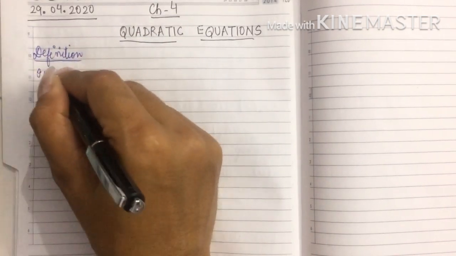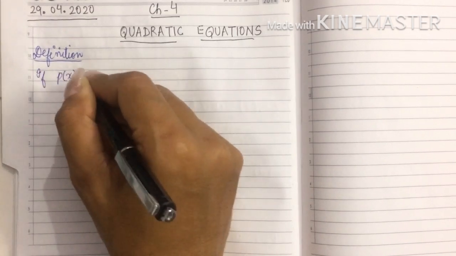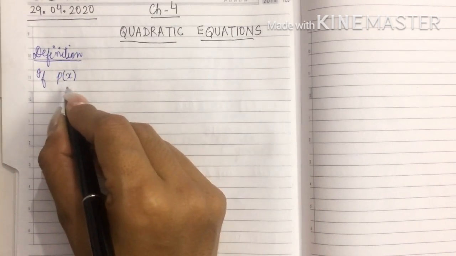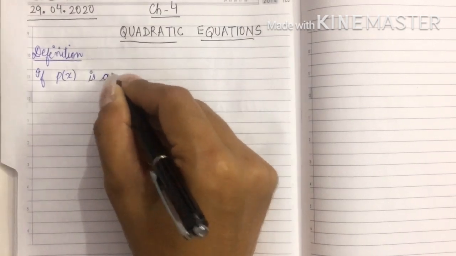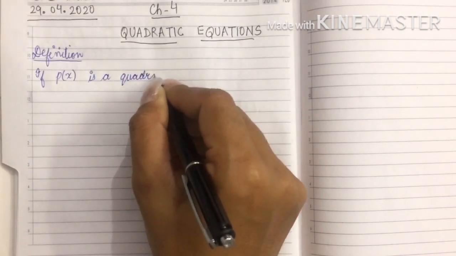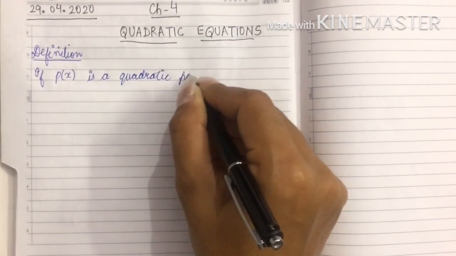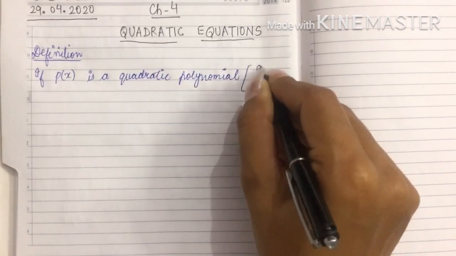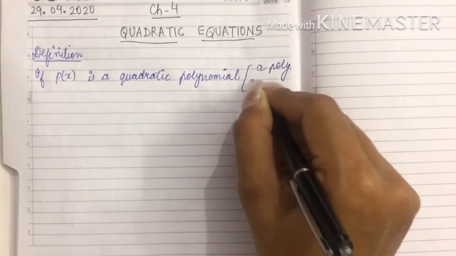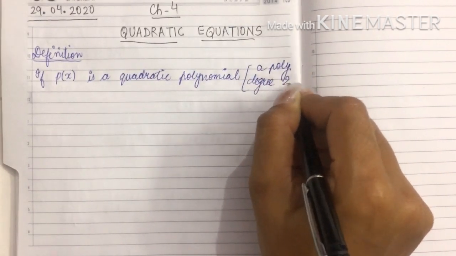So if p(x), now this is the representation for a polynomial in x. So if p(x) is a quadratic polynomial, I hope you remember what a quadratic polynomial is. Polynomial with degree 2.